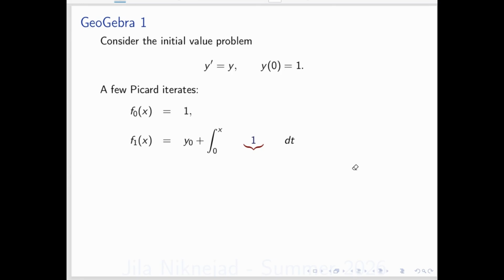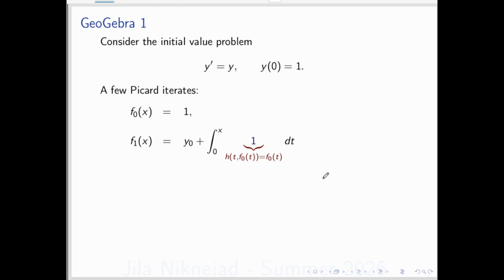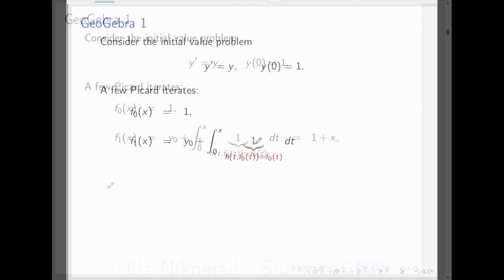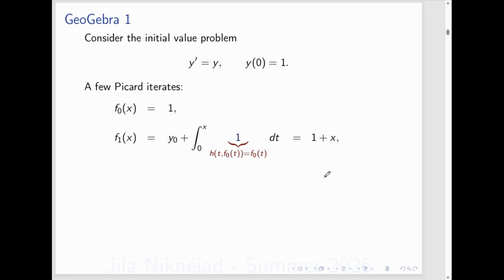Then f1 of x is equal to y naught plus the integral from x naught to x of h of t and f naught of t dt, and h of t and f naught of t is equal to f naught of t in this case. Because f naught is 1, this is the integral from 0 to x of 1 dt, which is equal to 1 plus x.